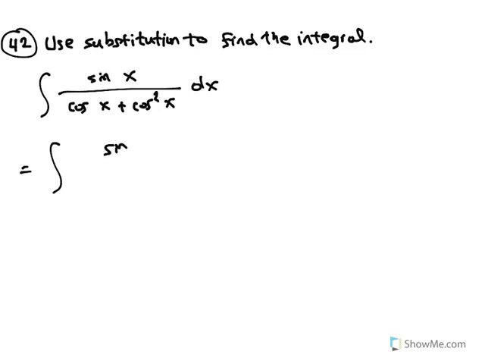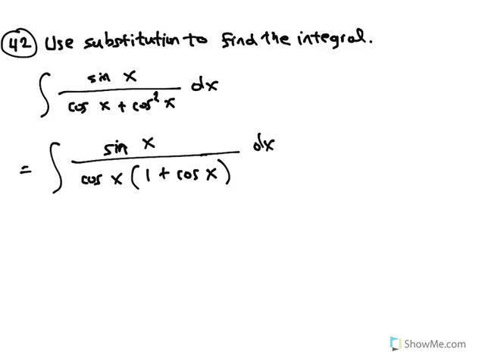In the denominator, if you notice, you have two terms with a common factor of cosine x. So you can factor out cosine x from each term. And if you factor out cosine x from the first term, you're left with 1. And if you factor out cosine x from the second term, you're left with cosine x. So the denominator factors as a product of two factors.